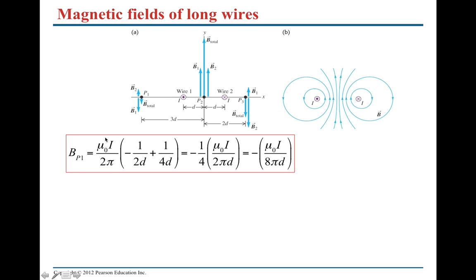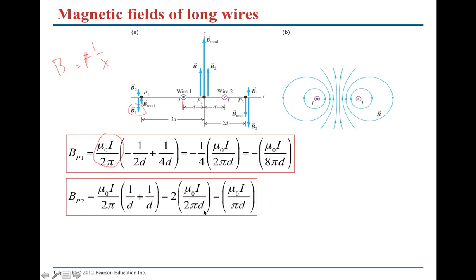Of course the magnetic field is B equals mu naught over 2 pi, times 1 over x, where x is the distance, so there is this number here that we have to keep in mind. So as I said, the B1 at this point is negative 1 over 2D. From here to here is 3D minus D, which is 2D, and from here to here is 3D plus D, so that's 4D, and if you do that, then that's what you get.